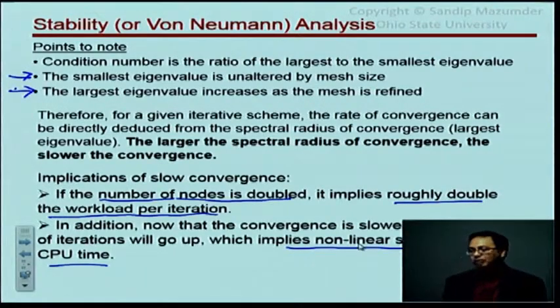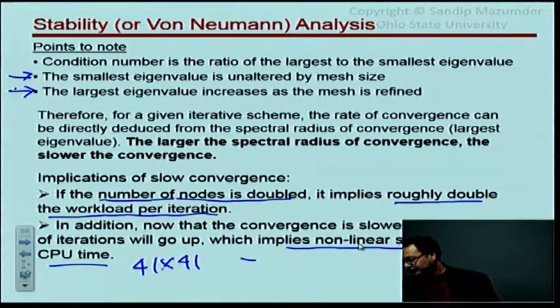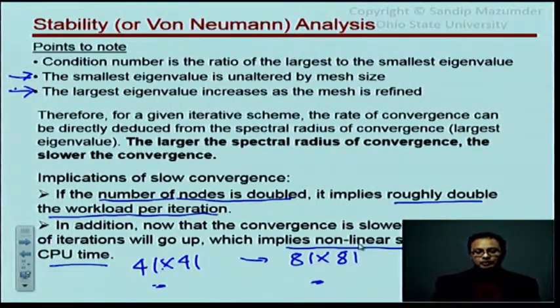And in homework 3, for example, and I encourage you to do this, I've asked you to calculate for 41 by 41 and 81 by 81. Okay, note down the number of iterations in each case, of course, and look at the scaling of that number. What did it scale by?